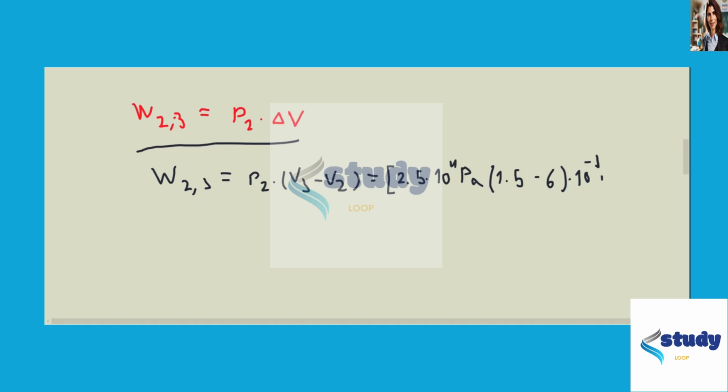This is meters cubed, and when we evaluate this, we obtain that the work done from the point 2 to the point 3 is equal to minus 113 joules.